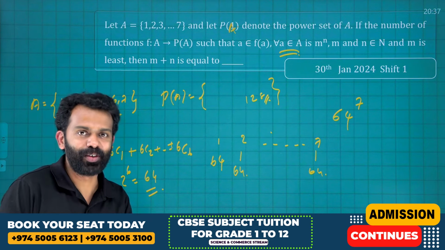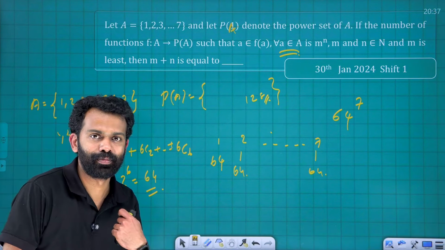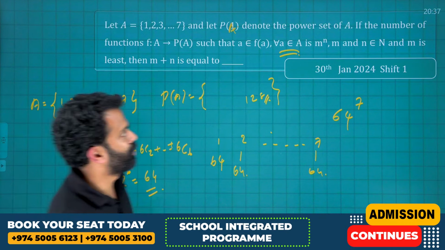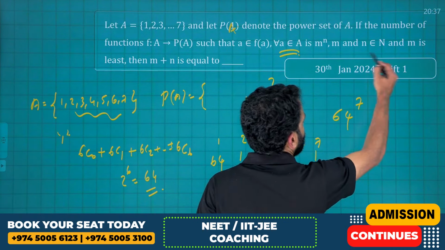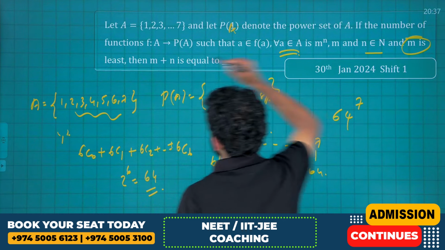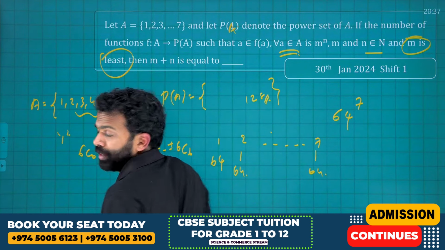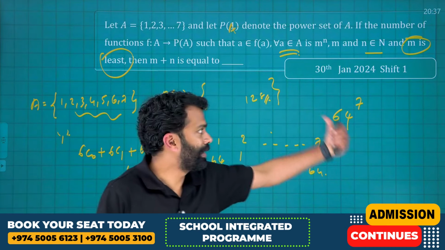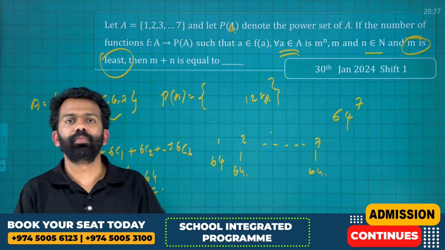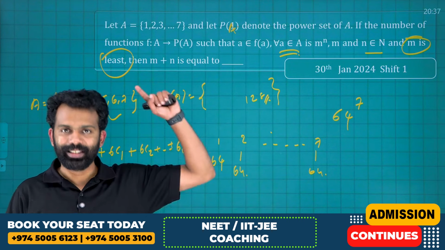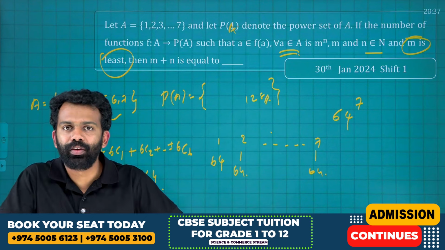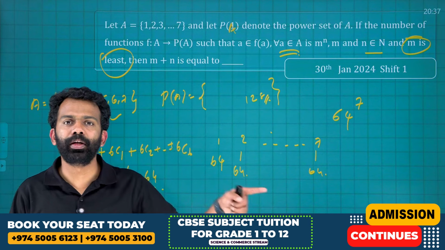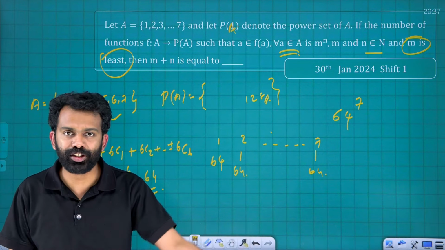Absolutely not. That is not our answer. See, that's what they have mentioned, that m and n are natural numbers, and m is least. It's an integer question. Most of the students will formulate till this, but beyond that, they will make a mistake. Since it is an integer question, you don't have any options. So what are you going to do here? M should be least, right?